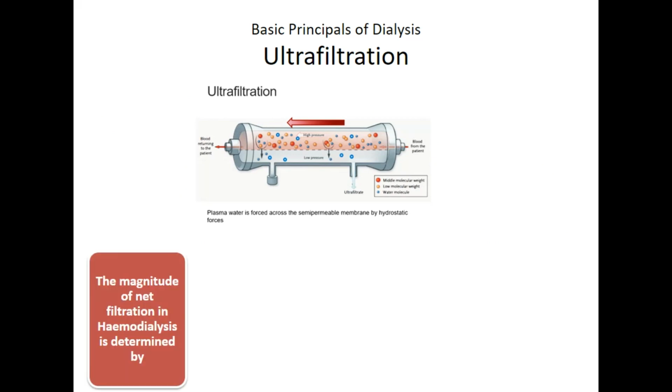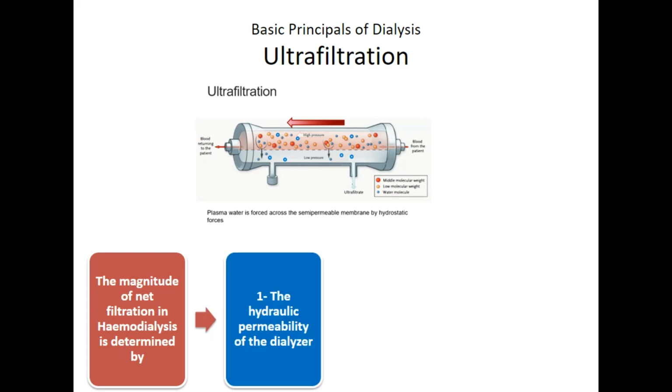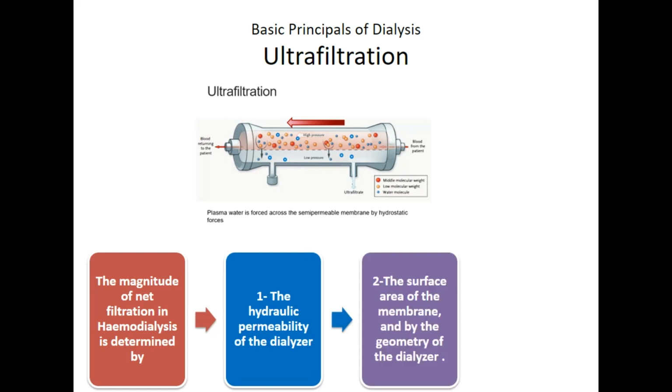The magnitude of the filtration in hemodialysis is determined by the hydraulic permeability of a dialyzer, the surface area of the membrane and the geometry of the dialyzer.